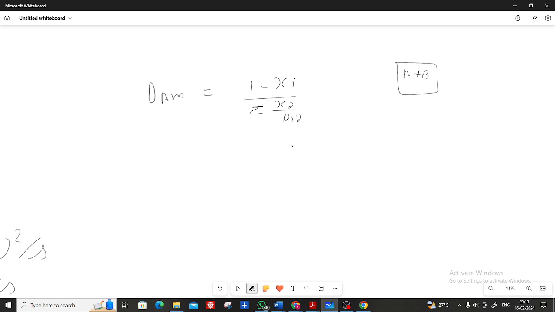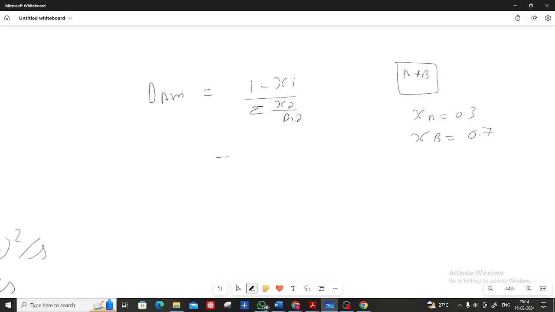Suppose the mole fraction of A is 0.3, then the mole fraction of B is 0.7.